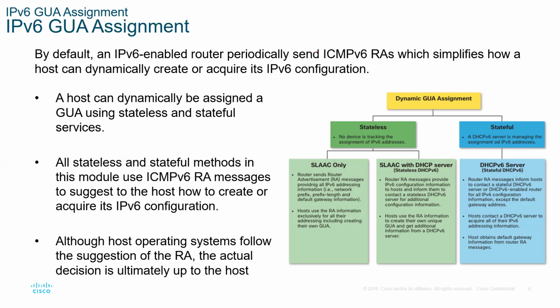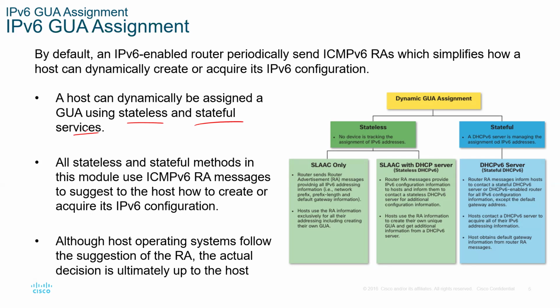By default, an IPv6 enabled router sends RA messages, which simplifies how a host can dynamically create or acquire its configuration. A host can dynamically be assigned a GUA using stateless and stateful services. I think we're going to be looking a bit much at what stateless and stateful services are.